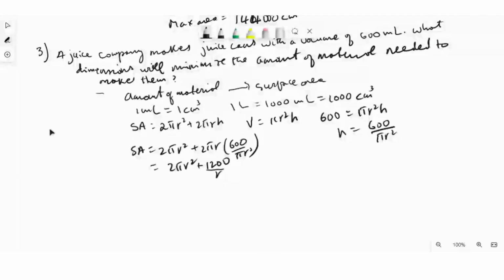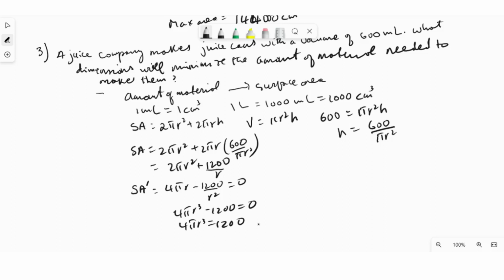Once we have surface area, we derive this one. The derivative of surface area, I can say surface area prime, will be 4 pi r. The derivative of 1 over r is minus 1 over r squared, so minus 1200 over r squared. This must be equal to 0. I multiply all by r squared, so it will be 4 pi r cubed minus 1200 equal to 0. 4 pi r cubed equals 1200.